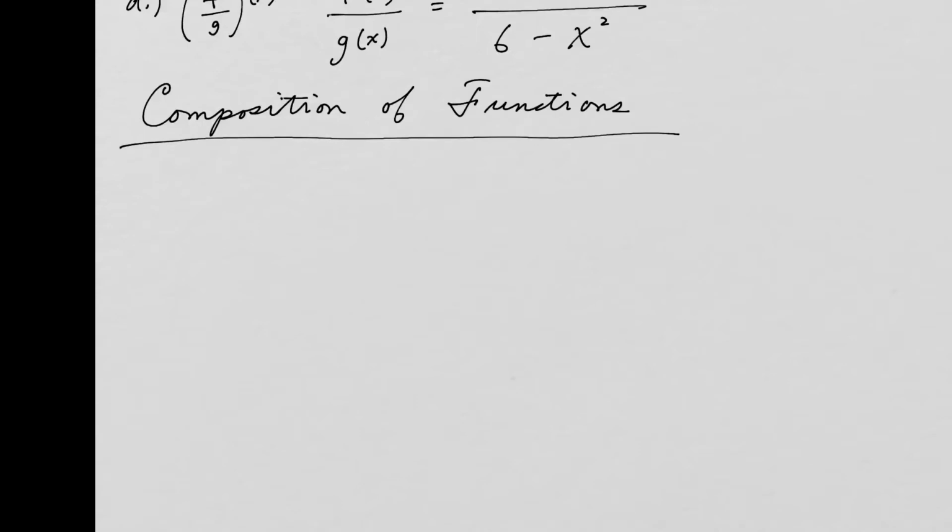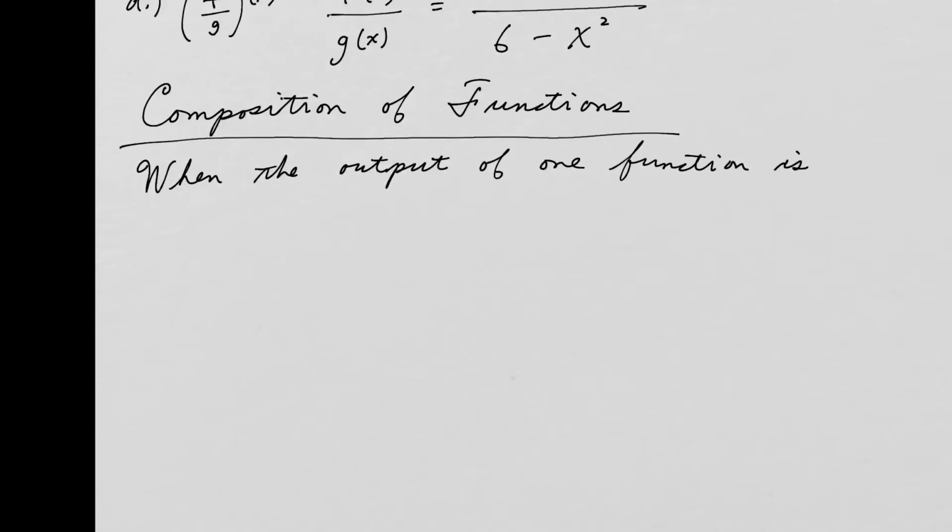So when the output of one function is used as the input of another, we call this a composition of functions.